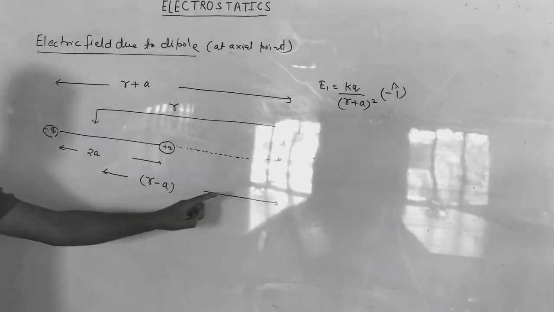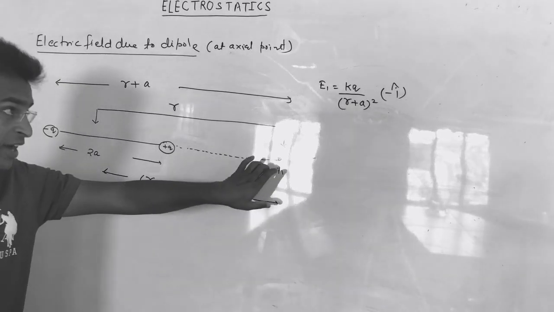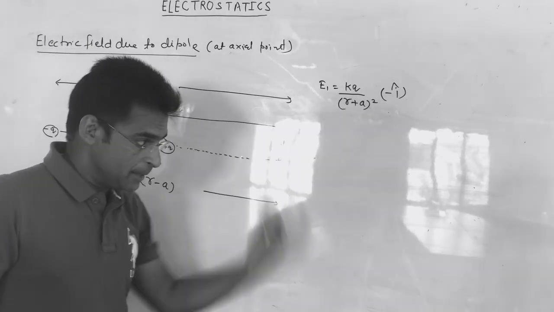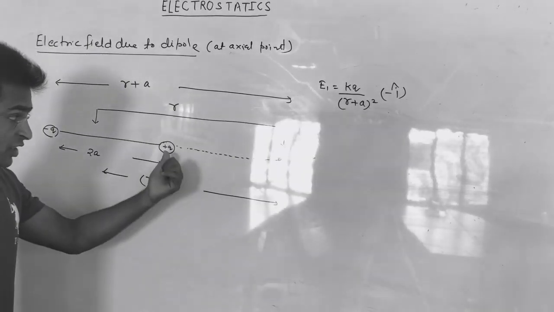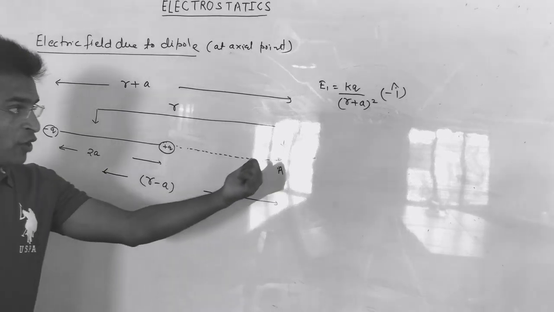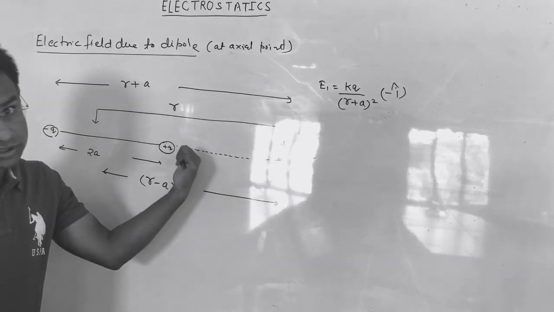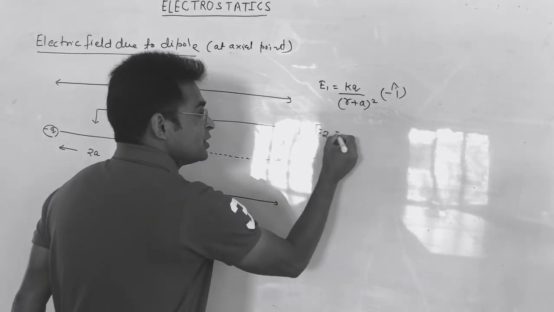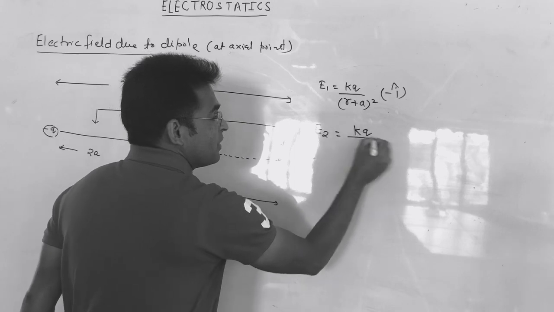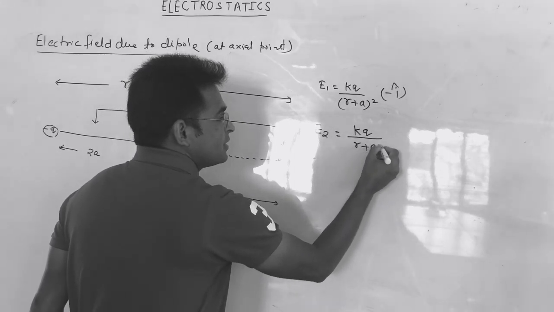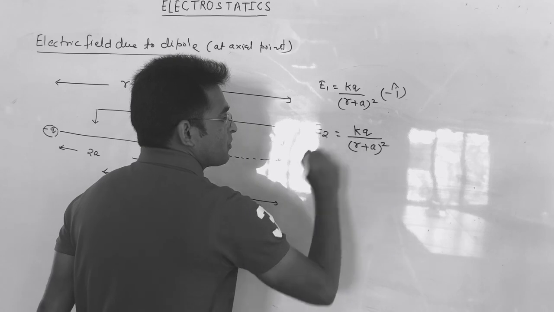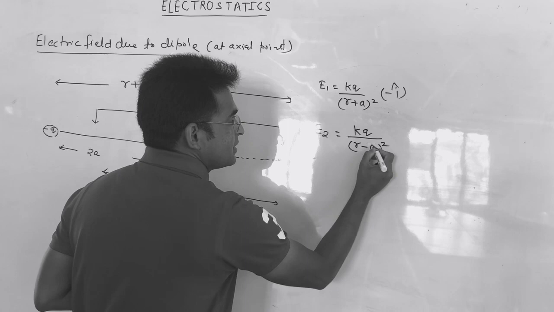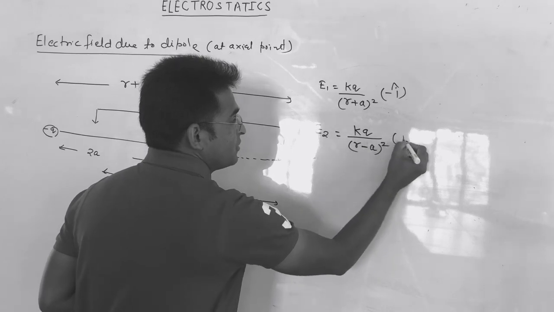Now the electric field due to the positive charge at point A: E2 is equal to KQ divided by (R minus A) square, because that distance is R minus A, and the direction will be plus I cap.